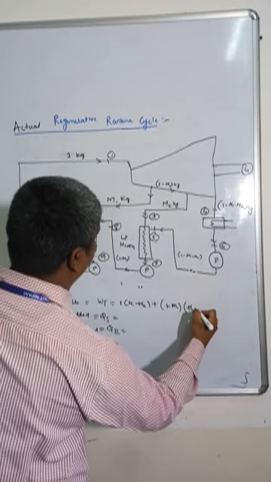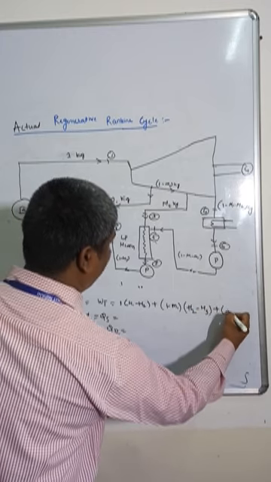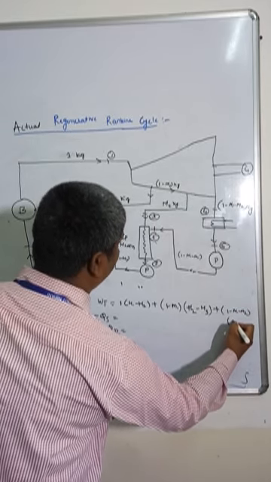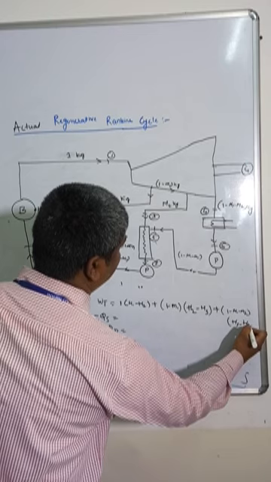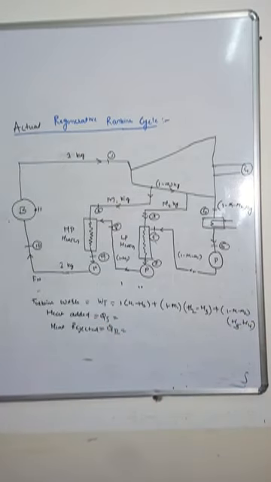H2 is the enthalpy at inlet and H3 is the outlet, plus 1 minus M1 minus M2 is going out, and H3 minus H4. This is the work done by the turbine.